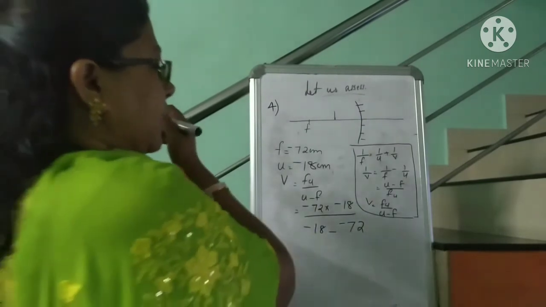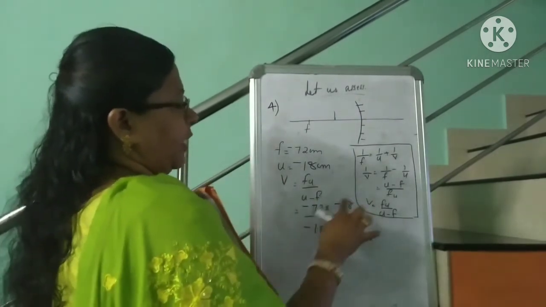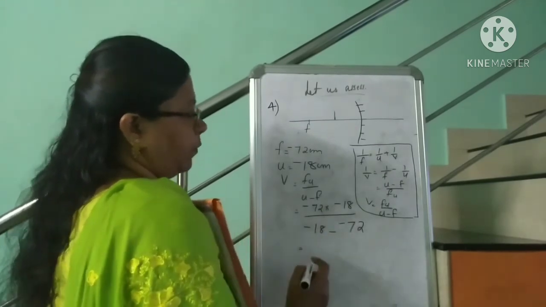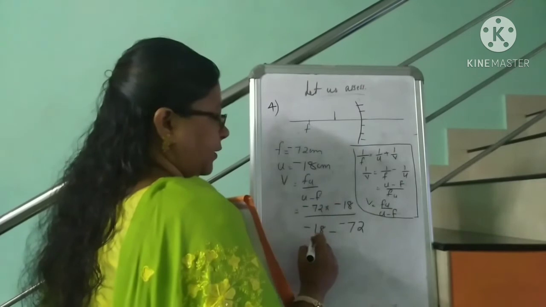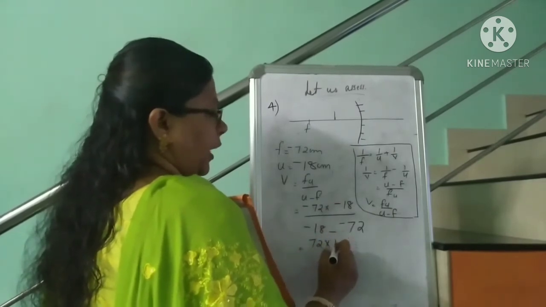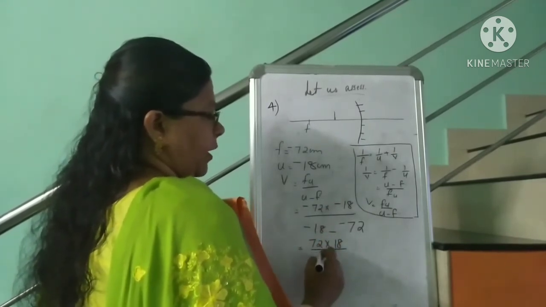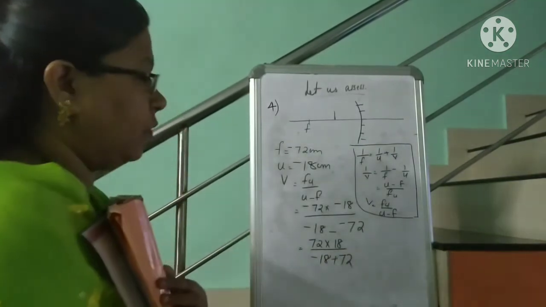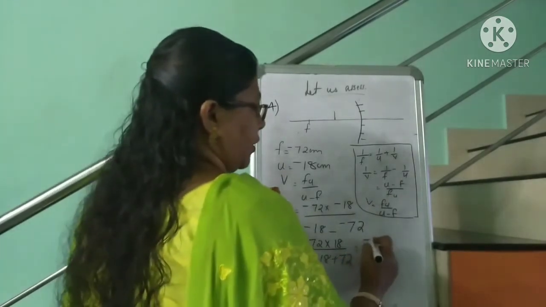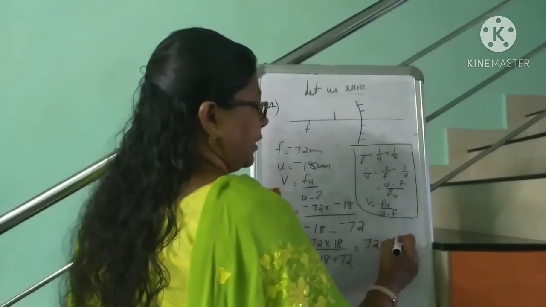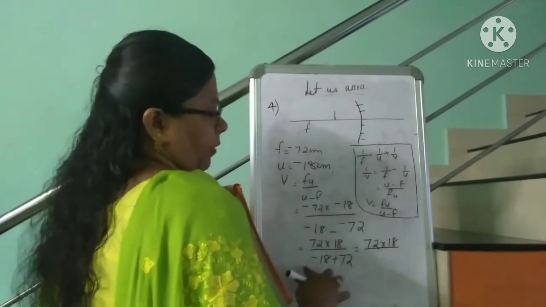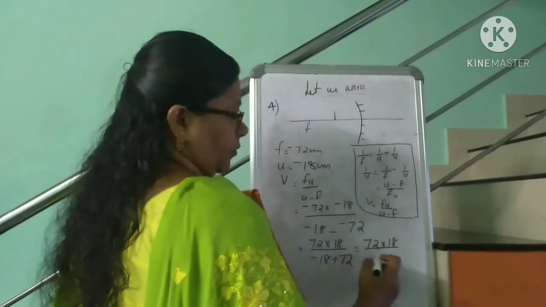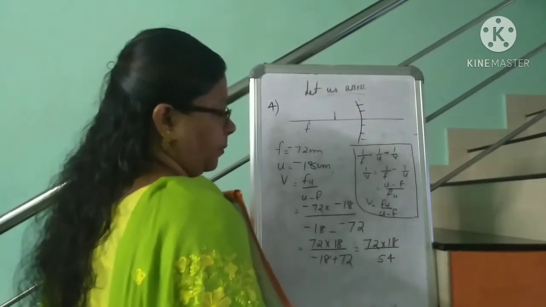Minus into minus is plus. So 72 into 18 divided by minus 18 plus 72. That will give you 72 into 18 divided by 54, isn't it?